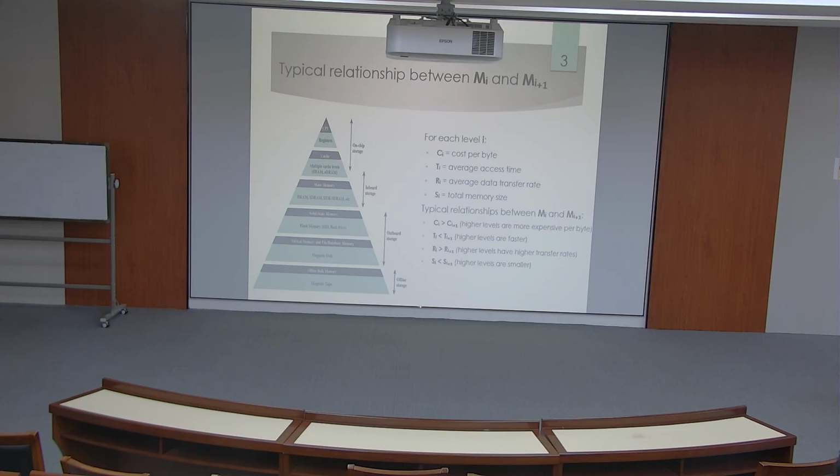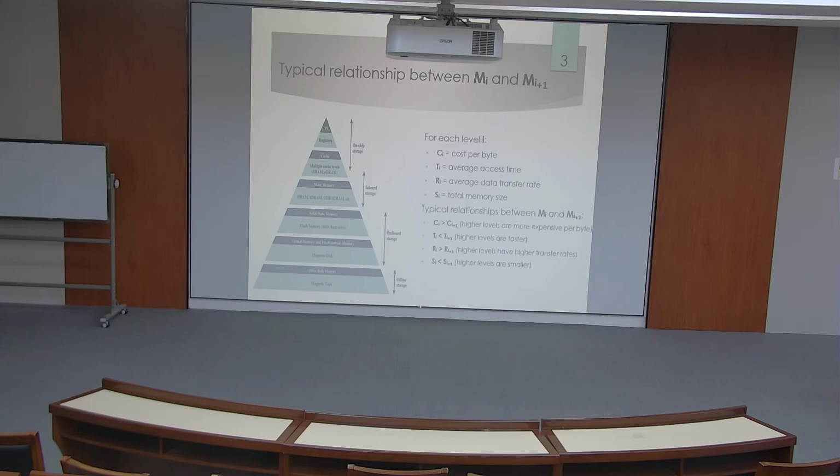So we have this typical relationship between a memory MI, that is the memory at level I, and the next memory at level I plus 1. The cost per byte for a memory at level I has to be greater than the cost per byte for a memory at the next level, I plus 1.